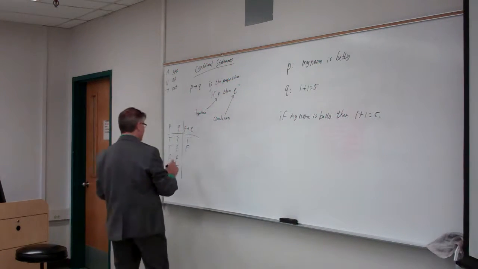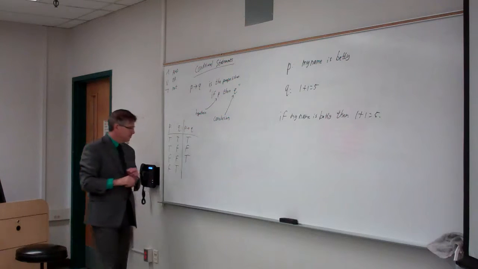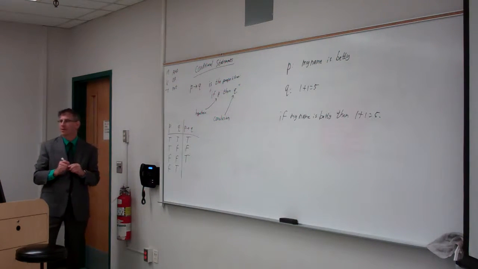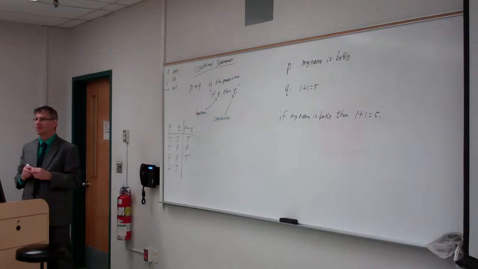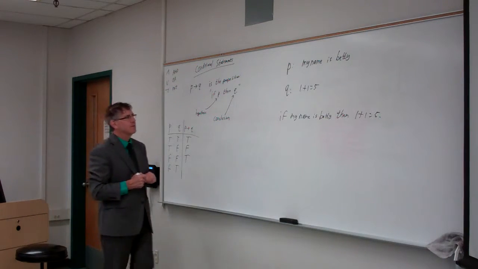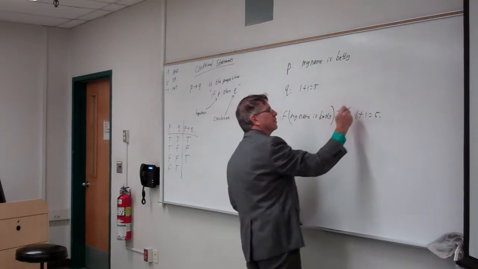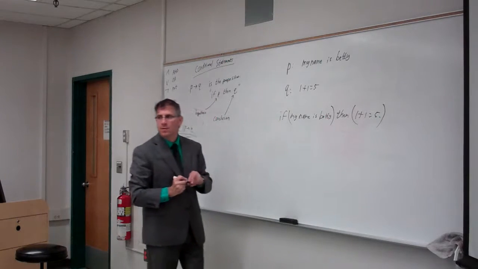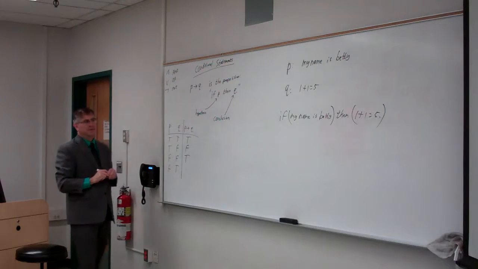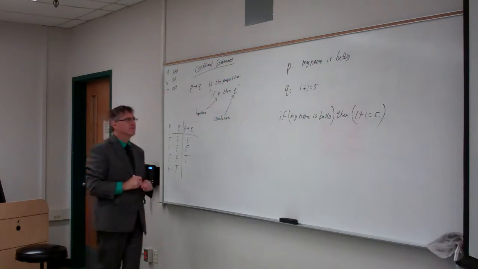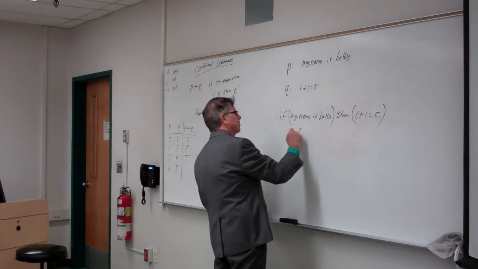Yeah, and that one's troubling. It would be easier to visualize if you put parentheses right after the if and right before the then. And then you drop a new statement where you've got if false, then 1 plus 1 equals 5.